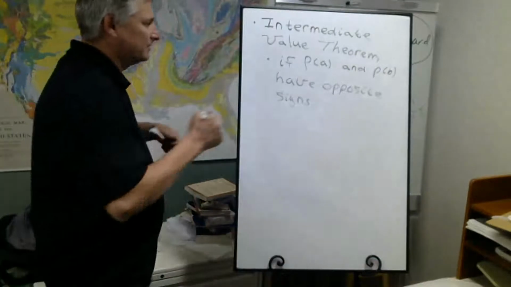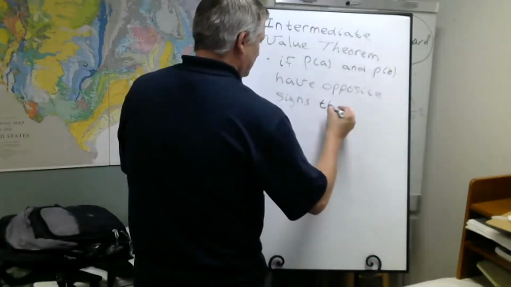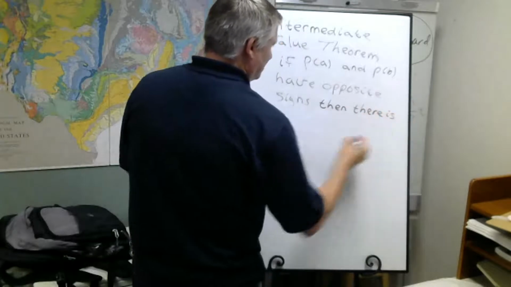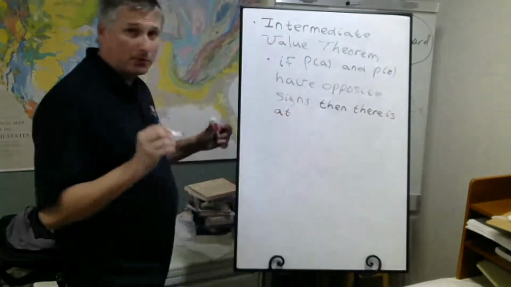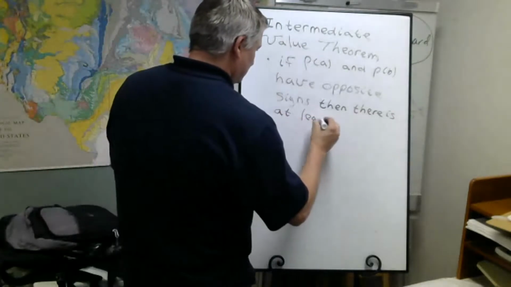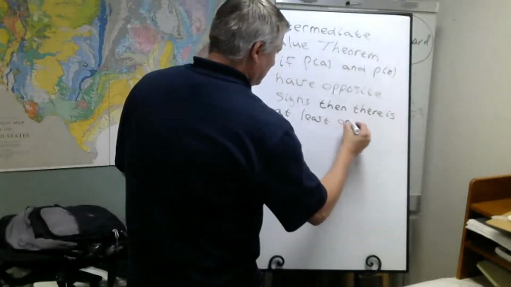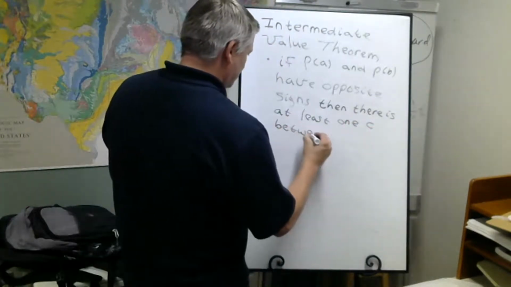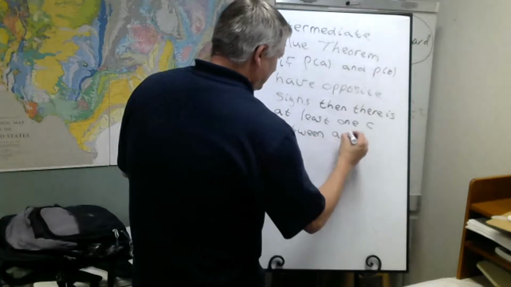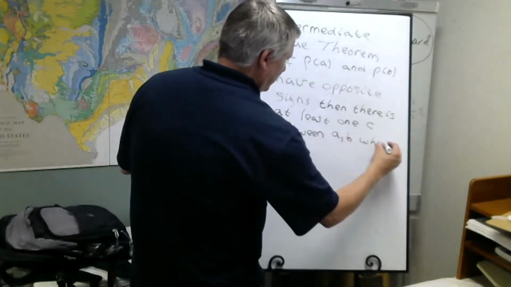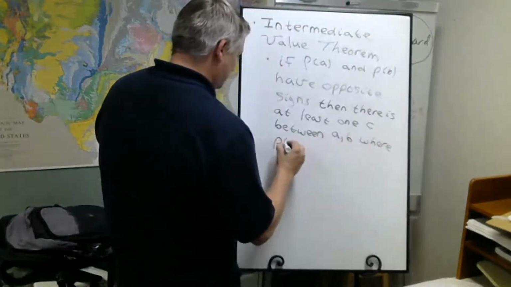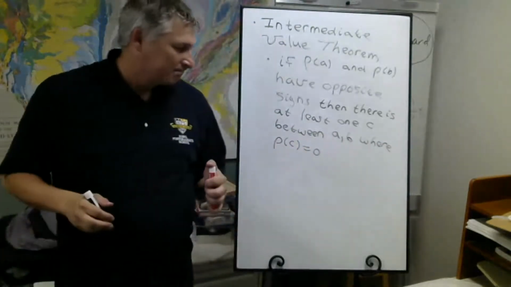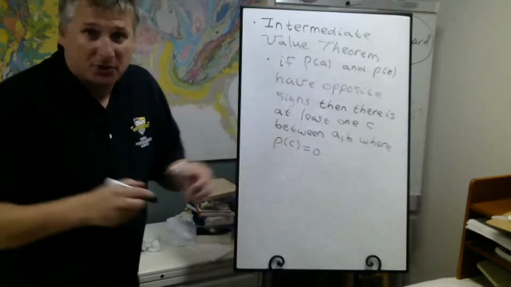If they have opposite signs, then there is at least, there could be more than one, point C between A and B, where P of C equals 0. So there's at least one. Now let's say there's just one.